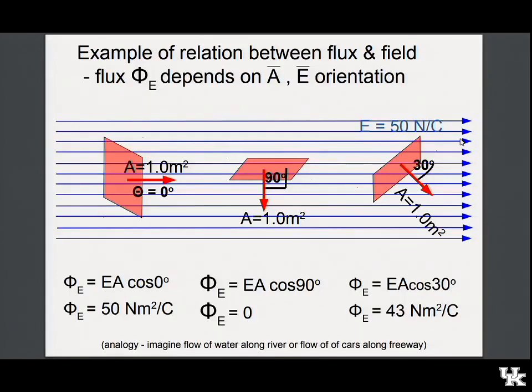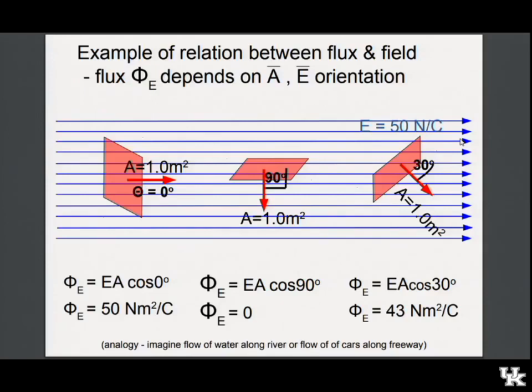What's different on the left, right, and center is the orientation of the surface in the field, the relative orientation of E and A. In this picture on the left, the area vector A is in the direction of the field vector E. So here they're parallel. There's an angle of 0 degrees between E and A. In the one in the center, the area vector for the surface, which is perpendicular to the surface, is at 90 degrees to the electric field vector.